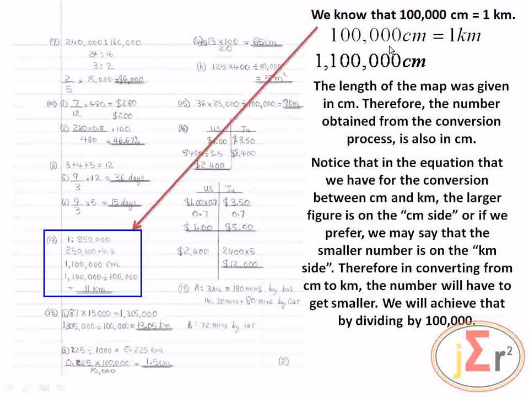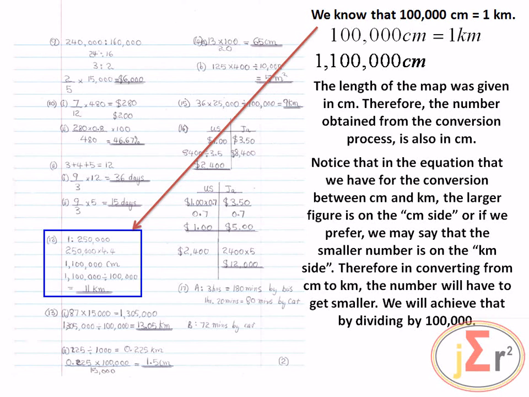Or, if we prefer, we may say that the smaller number is on the kilometer side. Therefore, in converting from centimeter to kilometer, the number will have to be made smaller.